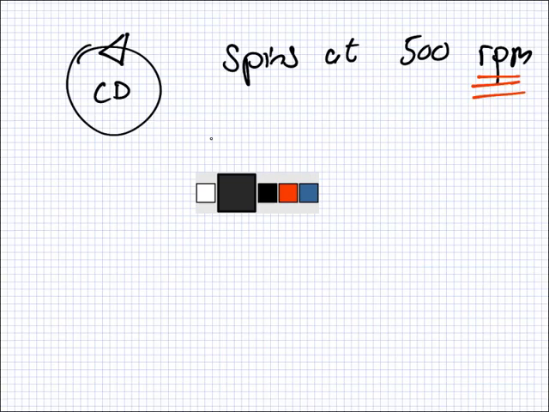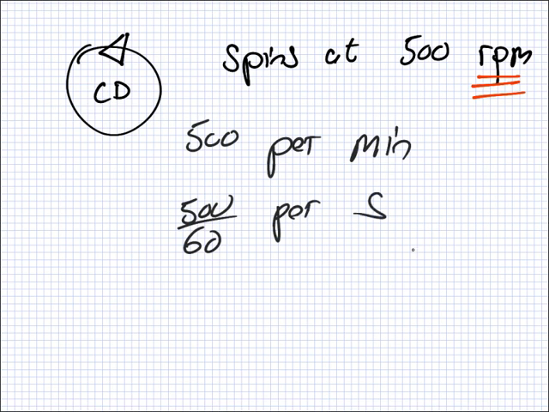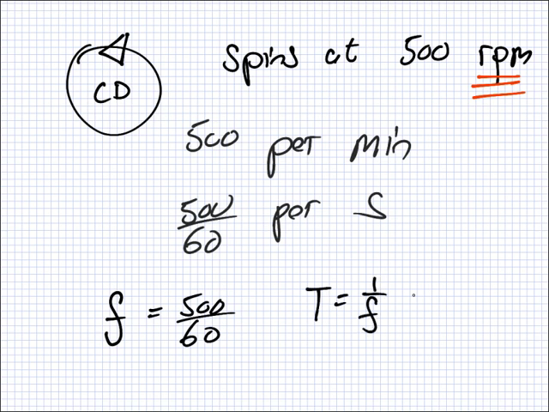Okay, so look, if it's 500 per minute, then that means it's 500 over 60 per second. So that means the frequency is 500 over 60. So the time equals 1 over f, so that's 60 over 500. And what does the omega equal? 2 pi over t.